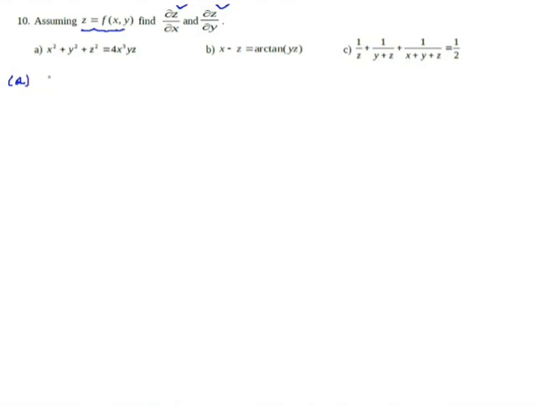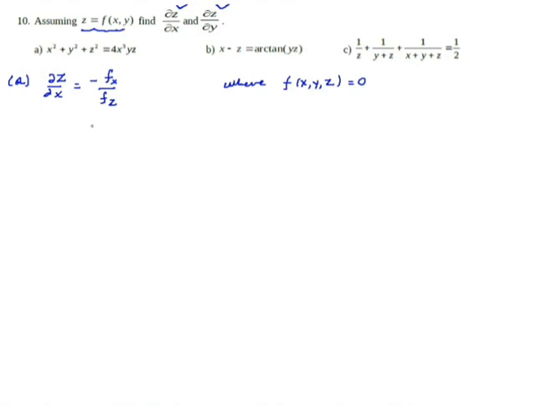The partial derivative of z with respect to x is the negative of the partial derivative of f with respect to x over the partial derivative of f with respect to z, where f of x comma y comma z is equal to 0.